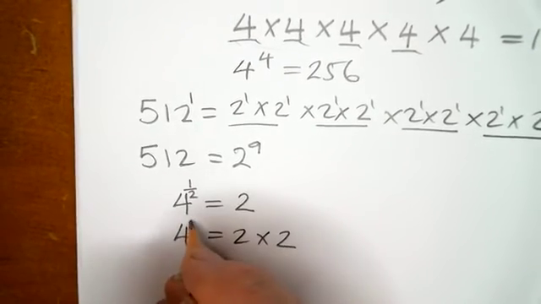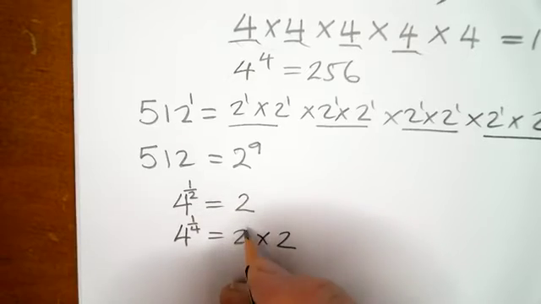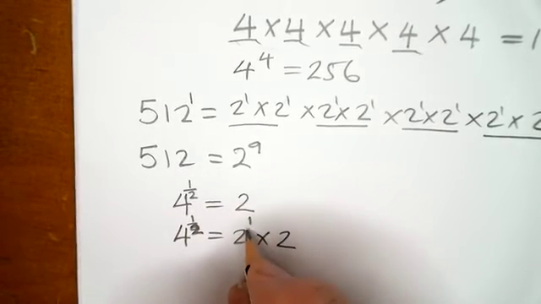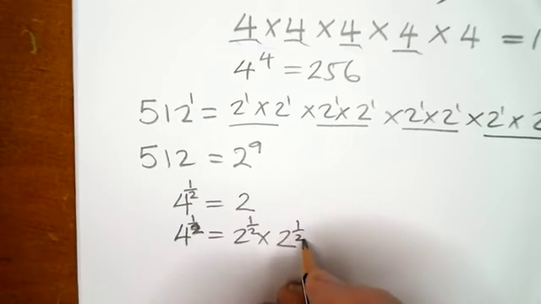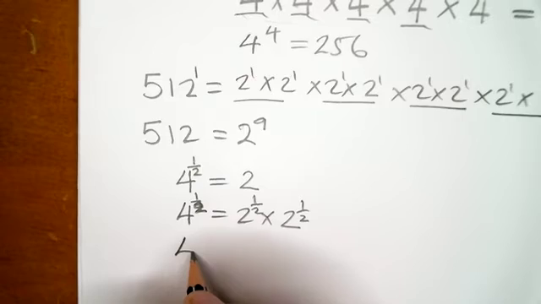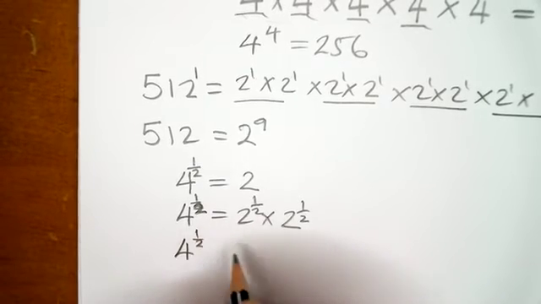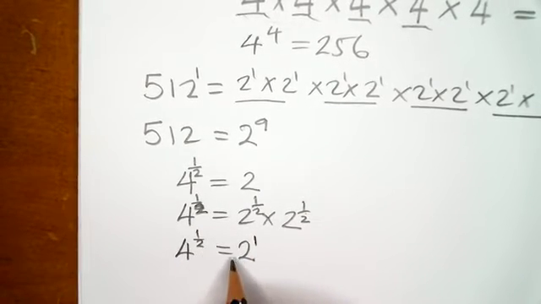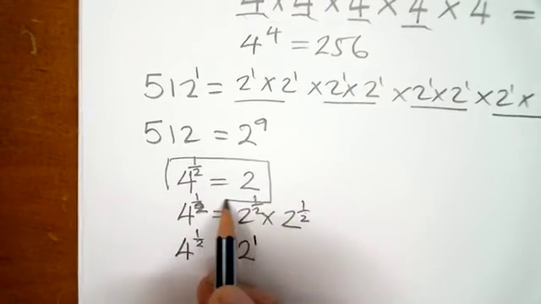And if I was to find the square root of this, and find the square root of that, that's a 2. So 4 to the power of a half, that's the square root of 4, must be equal to 2. Now a half plus a half is 1. So the square root of 4 must be 2 to the 1, or just 2. So this is absolutely true.